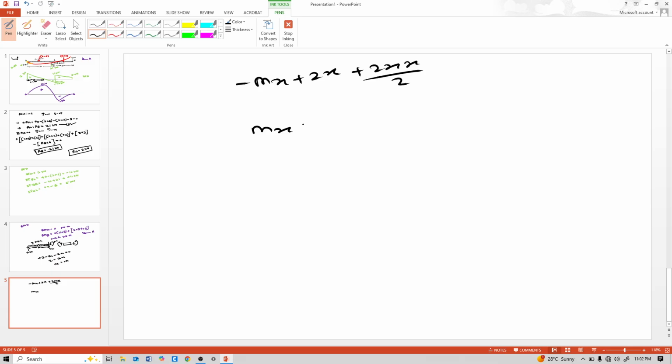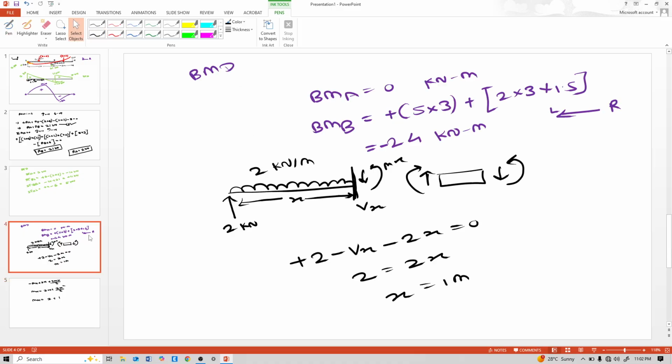That's why Mx is equal to 2x plus 2x square by 2, and x is equal to 1, so 2 plus 2 by 2 is 1. See this, Mx is anti-clockwise.